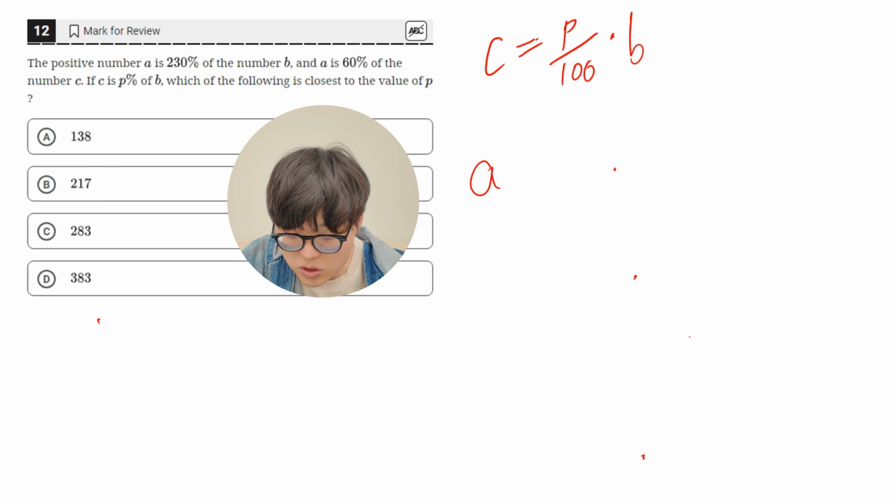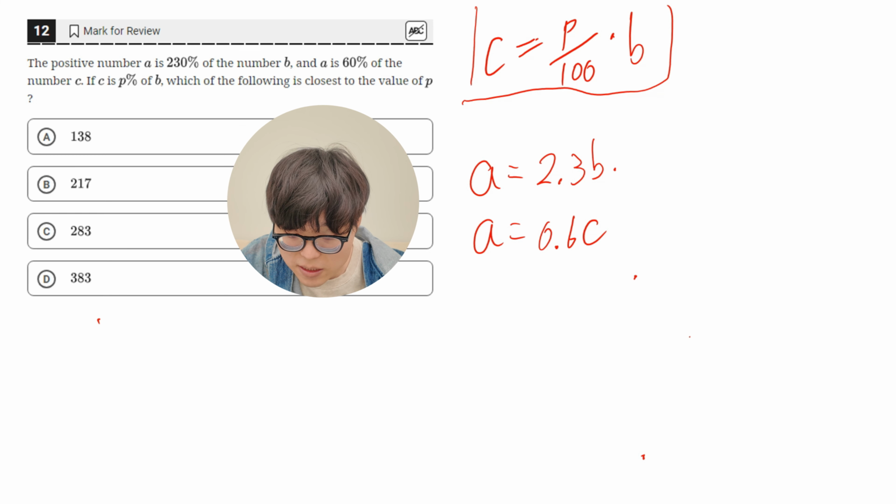Now, we previously mentioned that A is equal to 2.3B and A is equal to 0.6C. So based on these two equations, we want to form an equation that looks similar to what we had in the beginning. So we see that we want to have C on one side and B on the other.